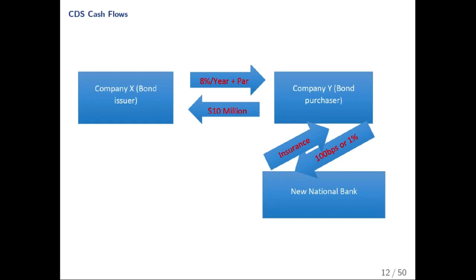There's going to be an auction where that bond is then going to trade in a secondary market. Let's imagine that the ex-post price of the bond was 5 million. What would happen here is the bank would pay the investor the difference between 10 million and 5 million. Okay? So they compensate them for the loss of the value of the bond.